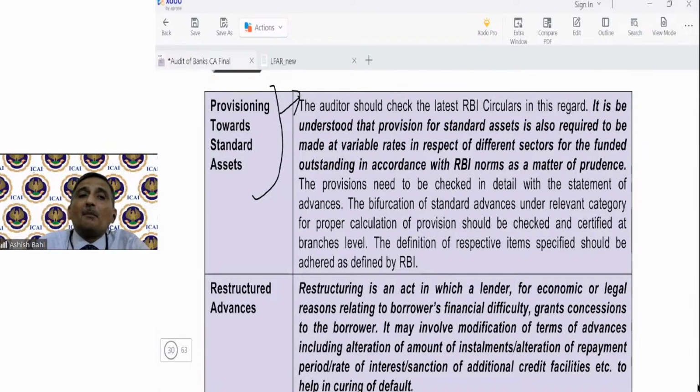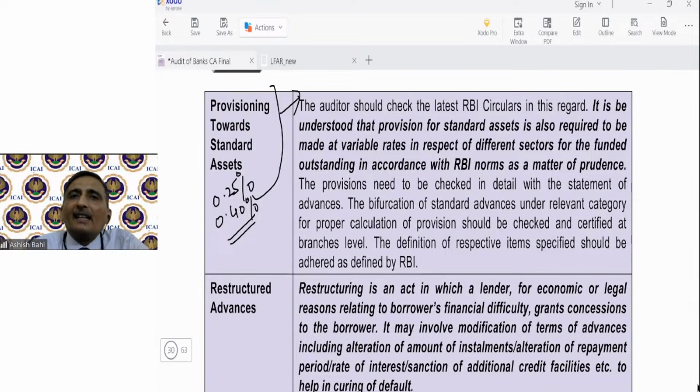A very small amount of provision, say in respect of some assets 0.25%, in respect of some assets depending upon the type of loan it is 0.40%. For say housing loans and for cash credit accounts, these might be different.